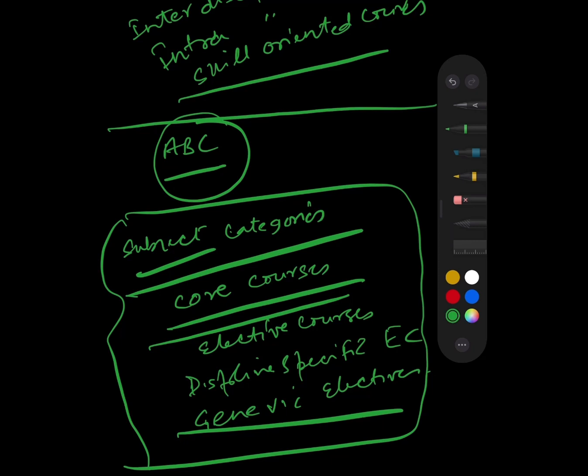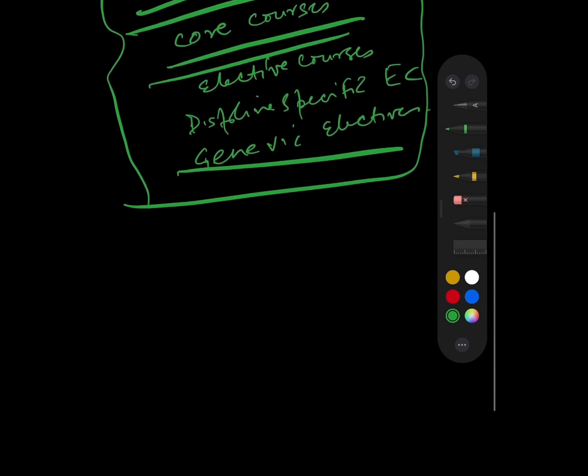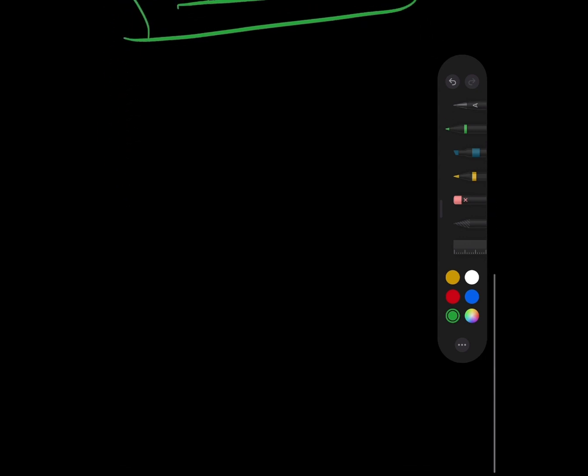At the same time, for the elective courses, say discipline-specific elective courses or generic elective courses, you pick up various courses, and that builds the overall personality of a student. Now, in the CBCS system, the terminology is very important, and you must be acquainted with the terms which are used in it. For example, we say academic year.